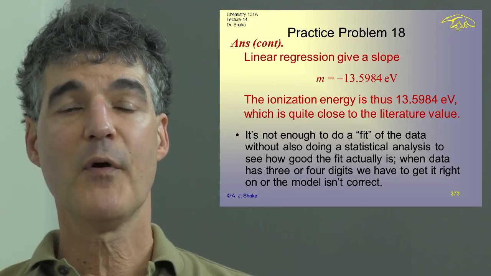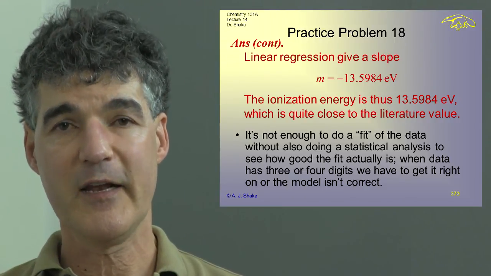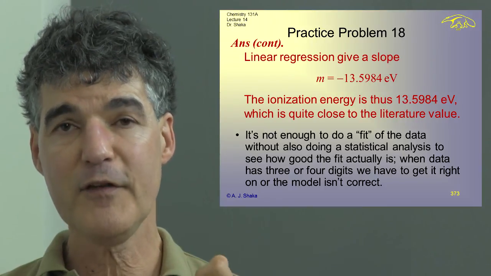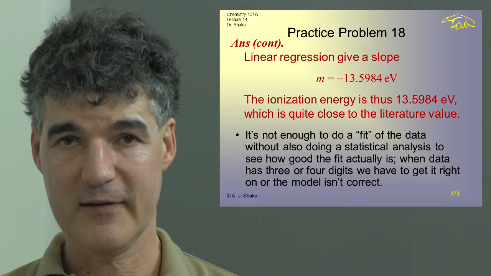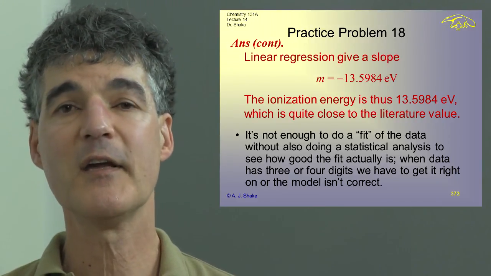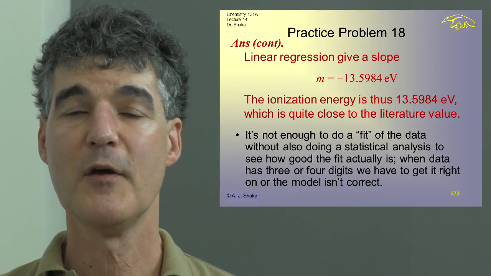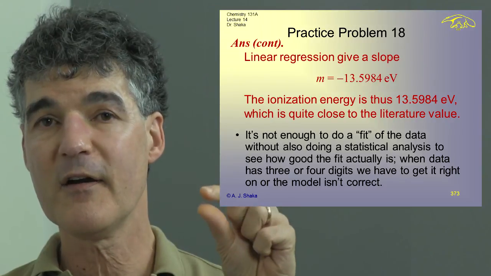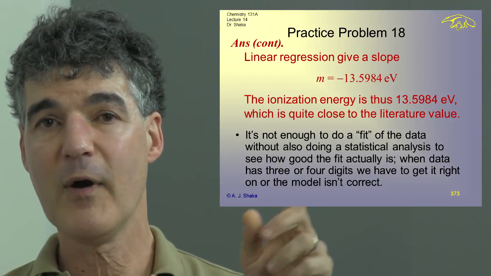It's especially important to note that it's not enough to fit the data if you don't do a statistical analysis of the fit. If you just get a fit, it can look great, and it can be completely wrong, and you have to do a statistical analysis based on what you think the errors in the data points might be and how well it fits.